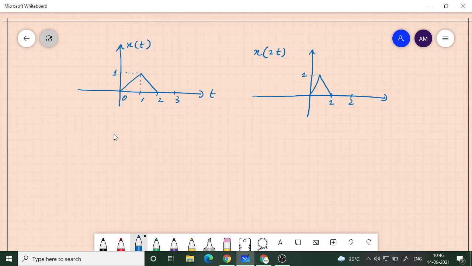When t becomes half, 2 into half becomes 1, and therefore whatever is x of 1 will happen here at say 0.5. That is the case where a is greater than 1. Now if a is less than 1, what is going to happen? The opposite will happen.